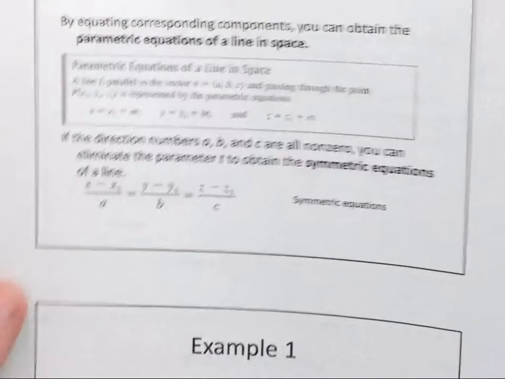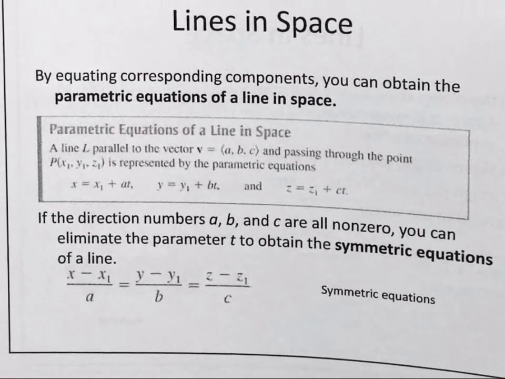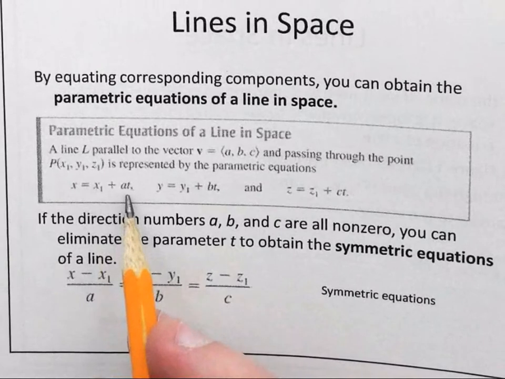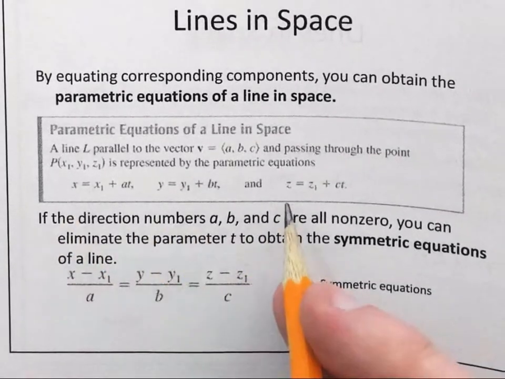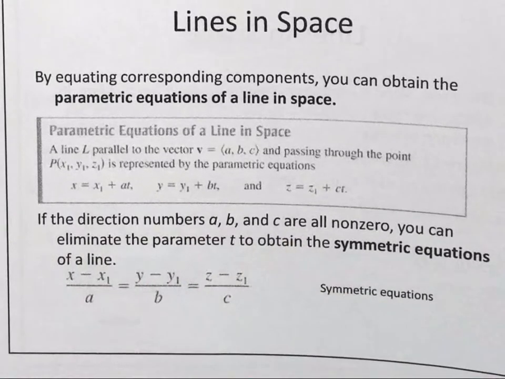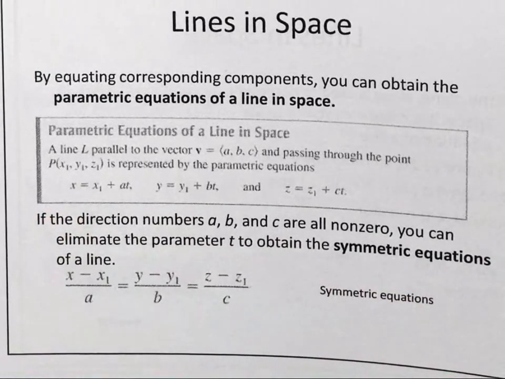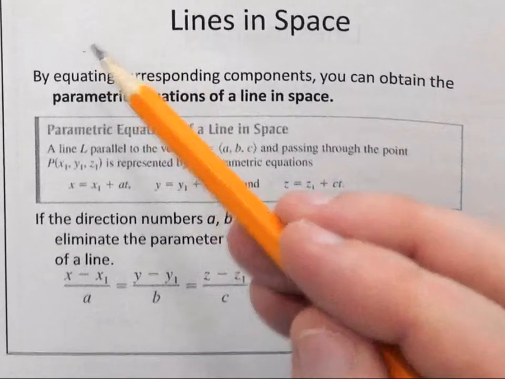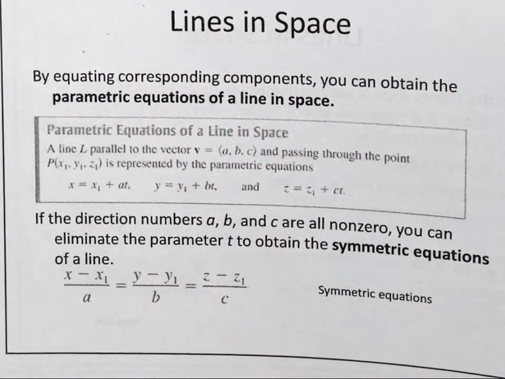You can write them in parametric form, which is why we went back and looked at 10.6, where you have some arbitrary value, some parameter t, that your x value, your y value, and your z value are all based off of. So when t equals 0, you're going to get a certain x, y, z. When t equals 1, you're going to get a different x, y, z. So those are points in space, and you end up forming a line from those points. That's a parametric equation.